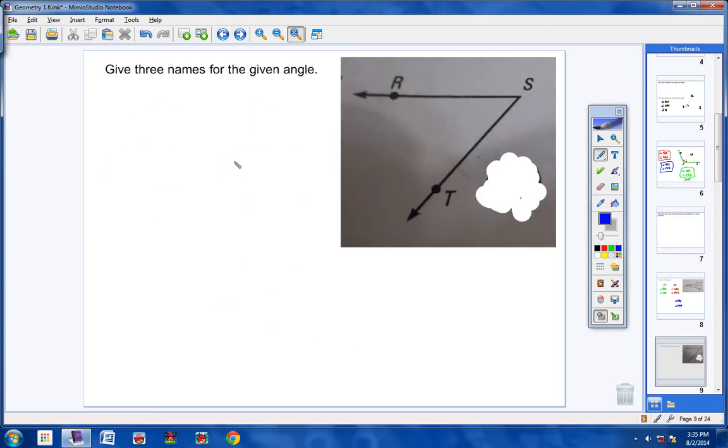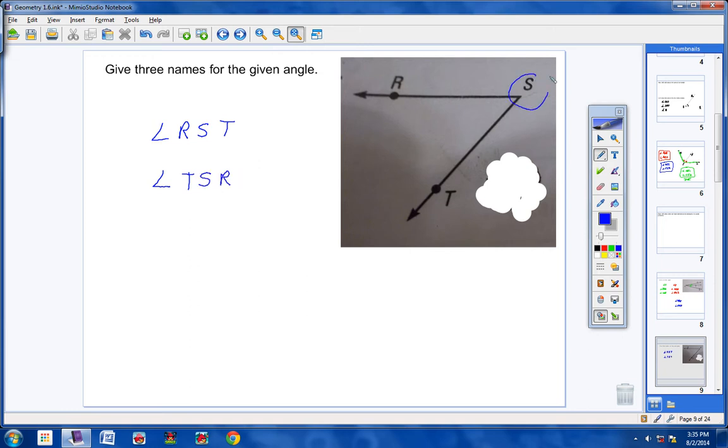Now, I want you to give 3 names for this one angle. You can work ahead or watch me. I want you to give 3 names for this angle. All right, so here we go. One name that I could give this angle would be angle RST. Another name that I could give this angle would be angle TSR.